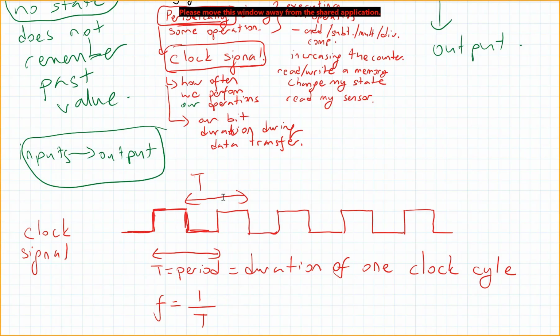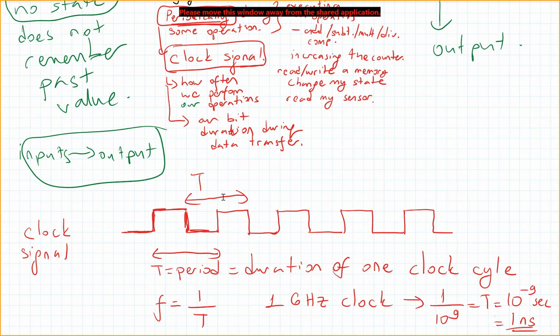Okay, so if my clock is a 1 gigahertz clock, then it means 1 over 10 to the 9. Then my clock period is 10 to the minus 9 second, or 1 nanosecond.